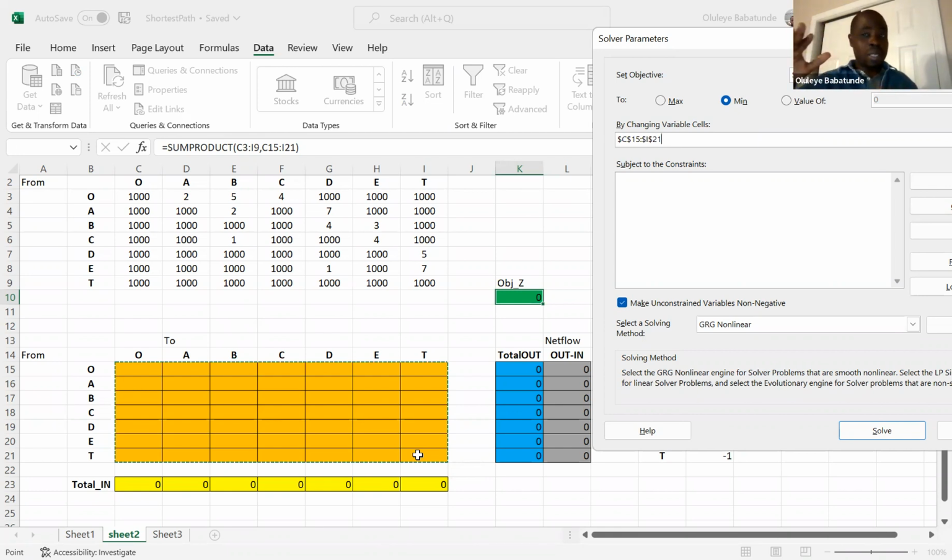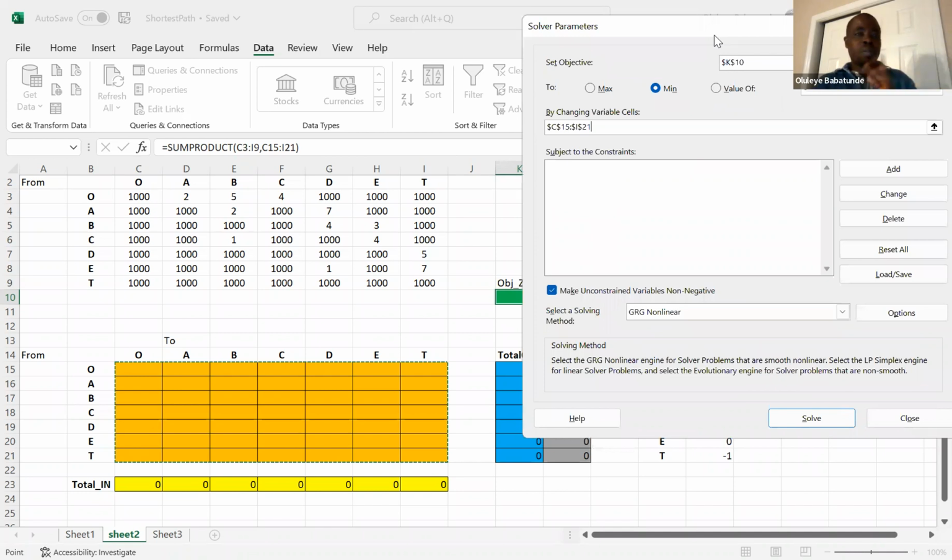It is your objective function, the green cell, by considering the values in the orange cells. Okay, now I have stated my objective function. I've stated the decision variables. I need to state my constraint.